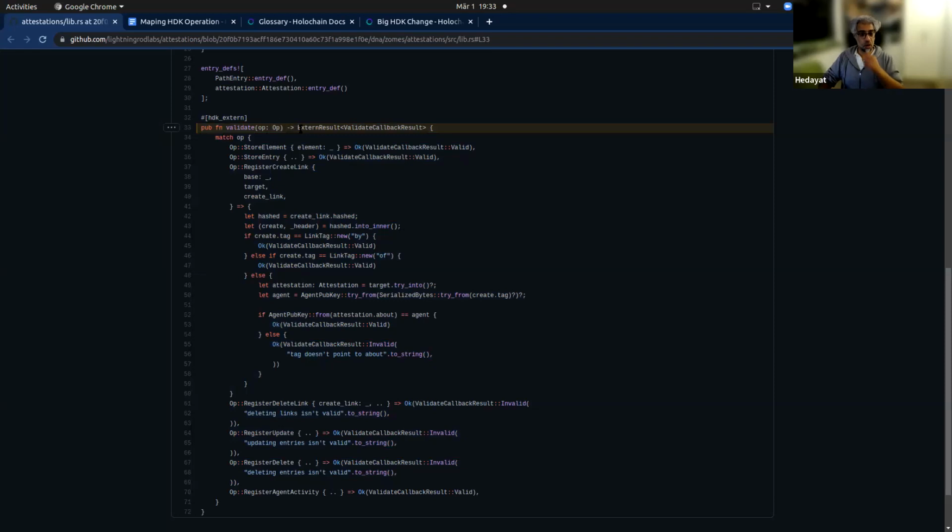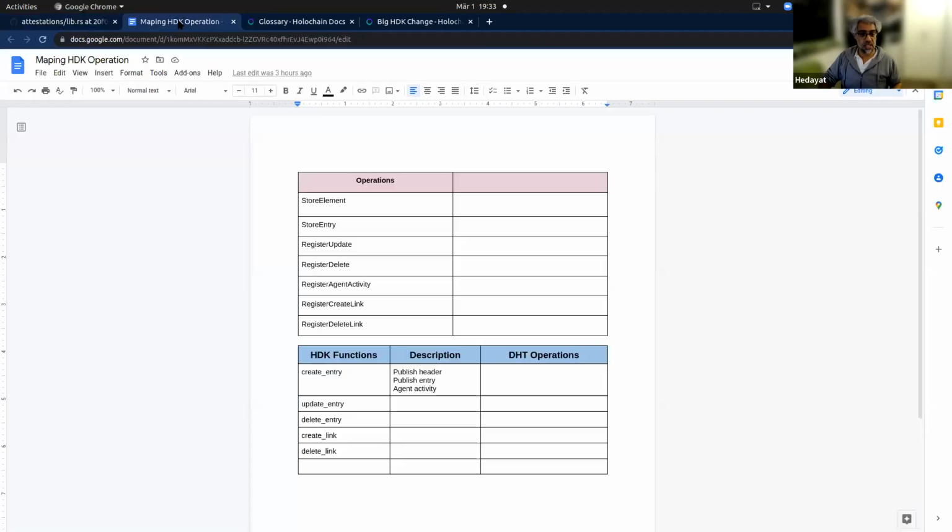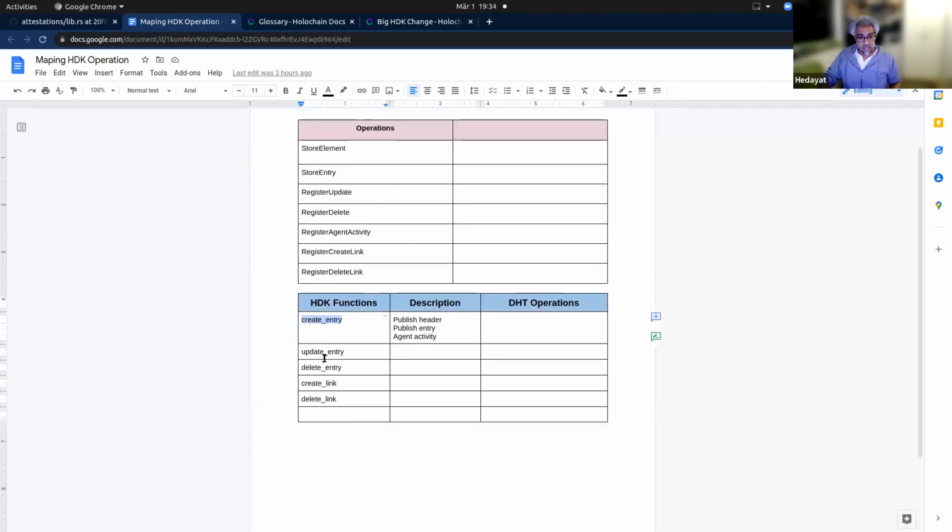And what does operation mean? In the HDK, we have create entry, update entry, delete entry, create link and delete link. Each of them can be a few operations on the DHT.